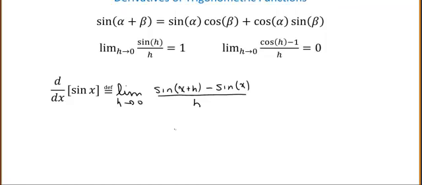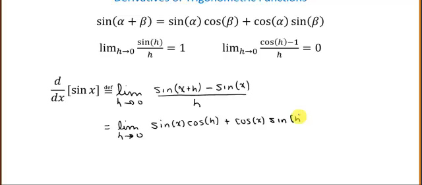Using the expansion formula, where x is playing the part of alpha and h is playing the part of beta, this is equal to the limit as h approaches 0 of sine of x cosine of h plus cosine of x sine of h minus sine of x, all divided by h.